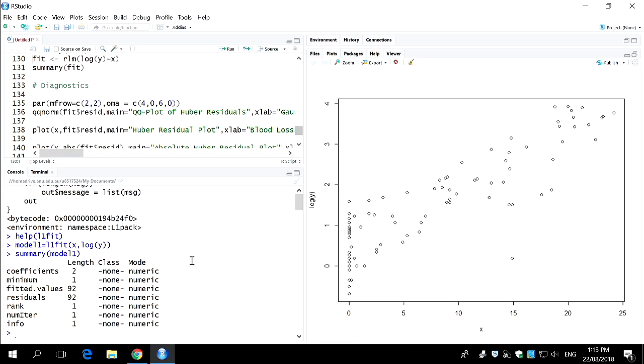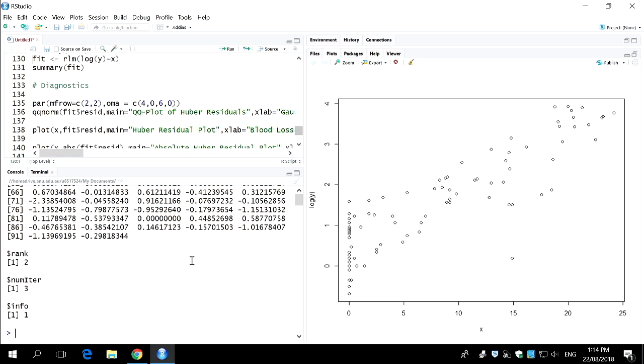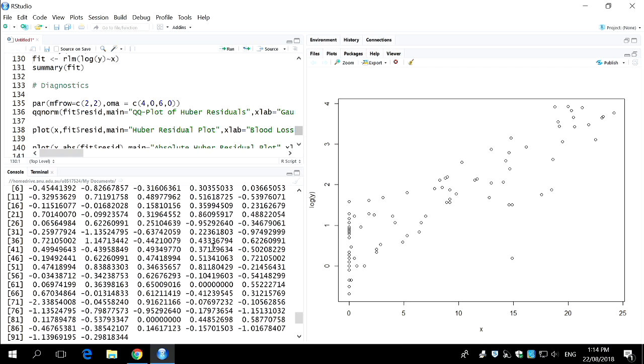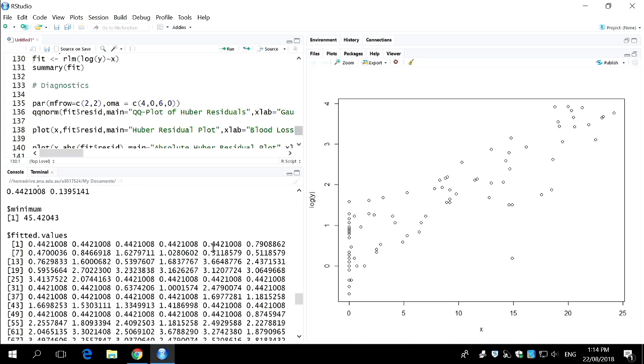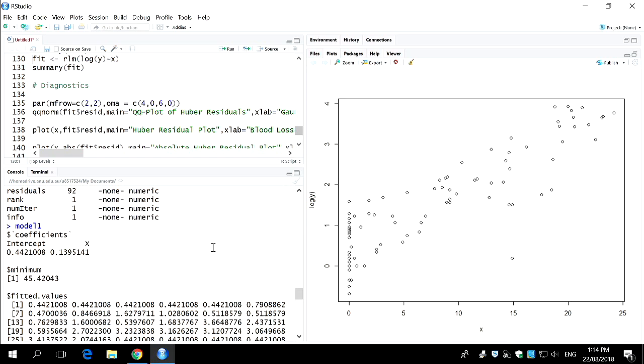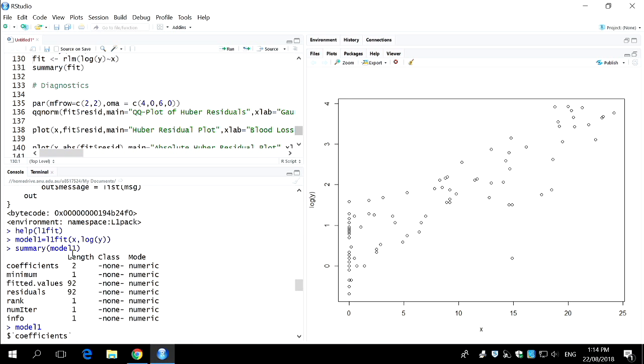The summary is not particularly helpful, but if I type model 1, you see the list that gets produced. You've got residuals, you've got fitted values. Your intercept is estimated to be 0.442 and your slope is estimated to be 0.139. So those are the values that come out.